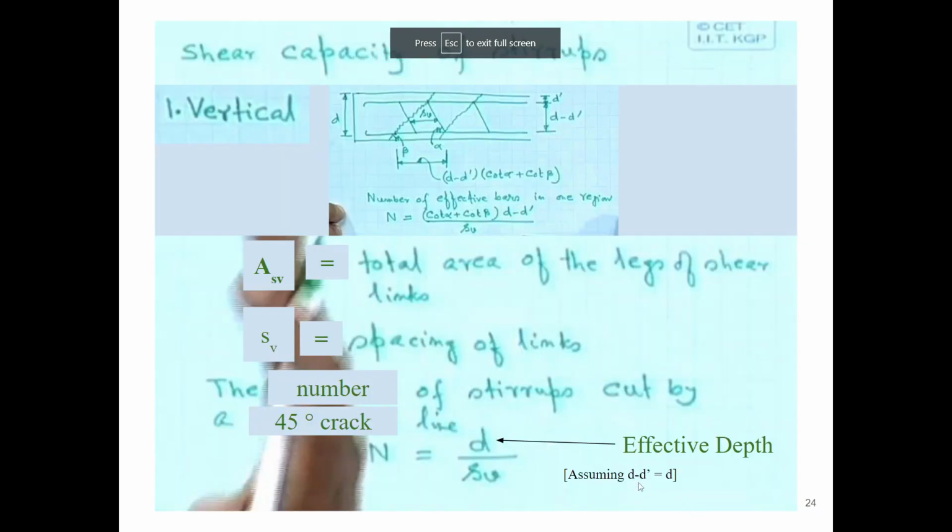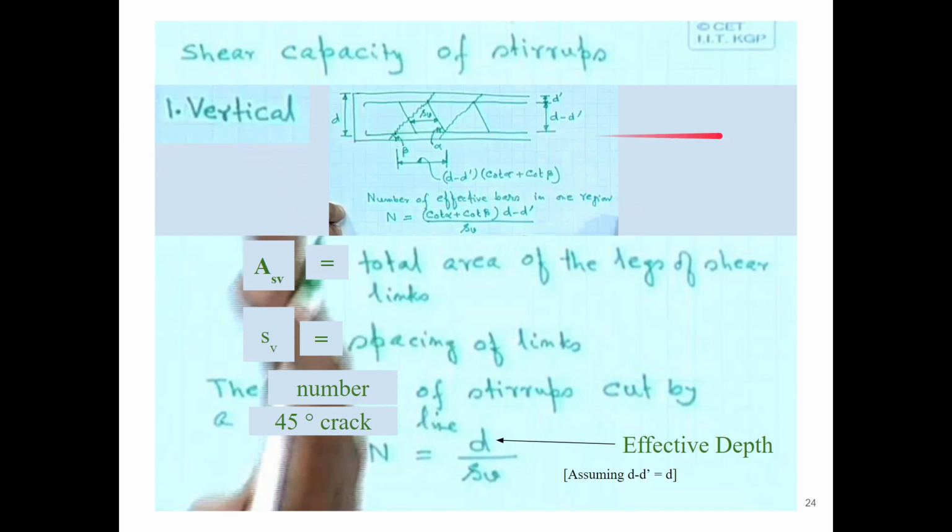Assuming d minus d prime is equal to d, because this d prime is almost negligible, replacing d minus d prime with d, n is equal to d by sv. So the number of stirrups cut by a 45-degree crack line will be equal to d by sv in the case of vertical stirrups.